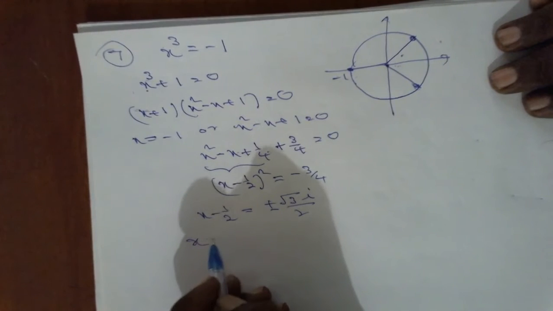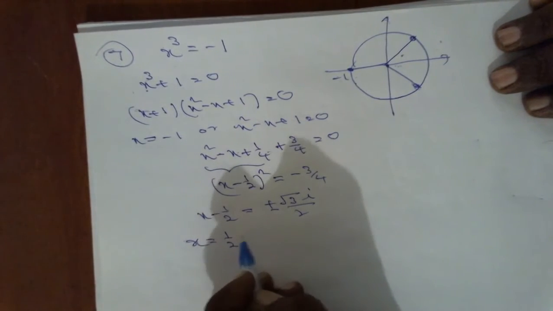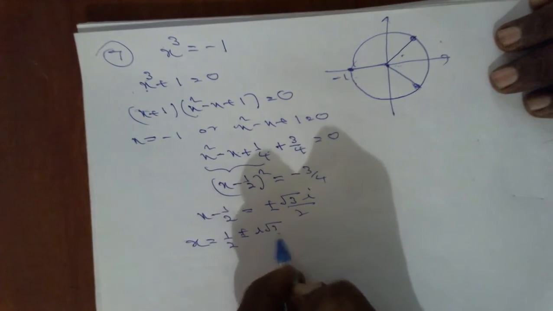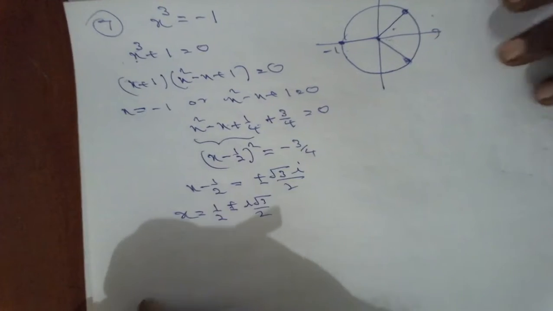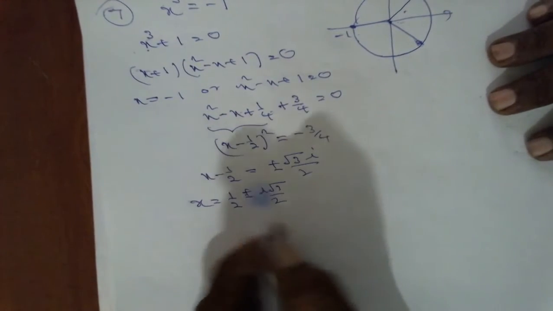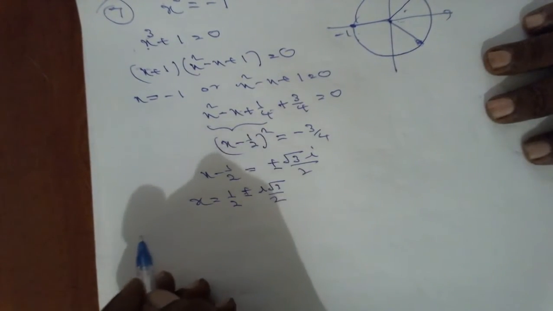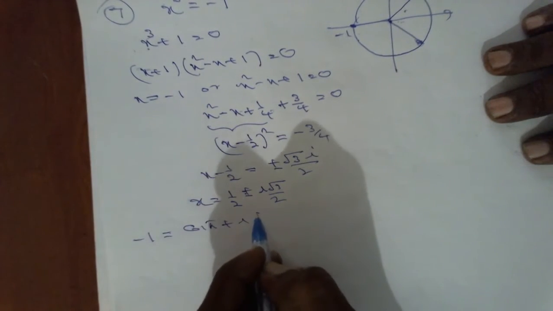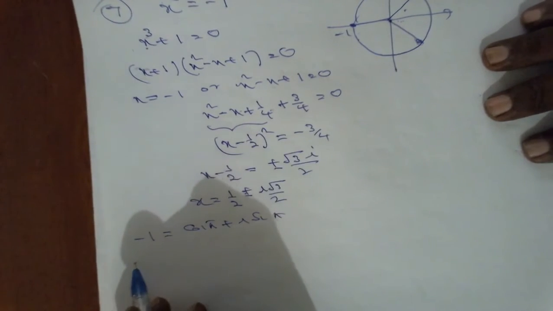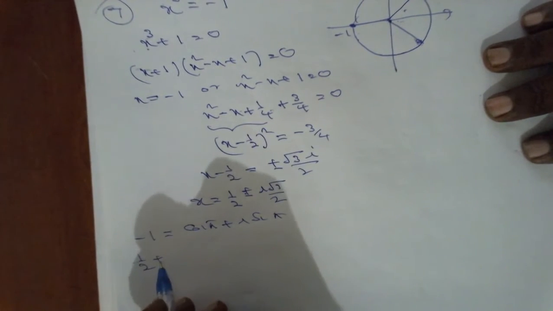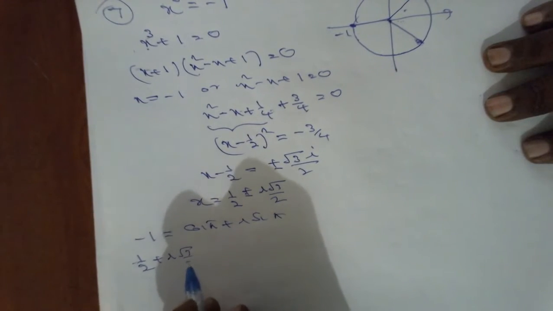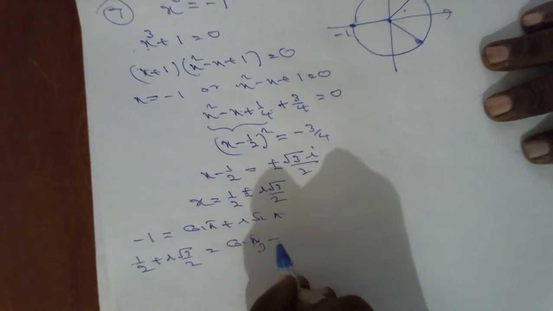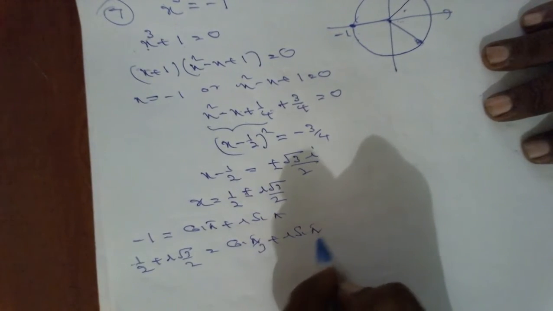x equals half plus or minus i root 3 by 2. So these are the other two roots. Then minus 1 equals cos pi plus i sin pi. Half plus i root 3 by 2 equals cos pi by 3 plus i sin pi by 3.